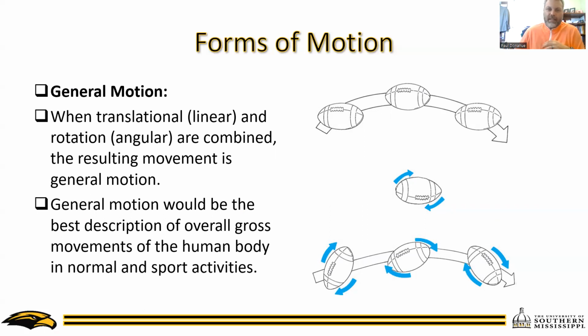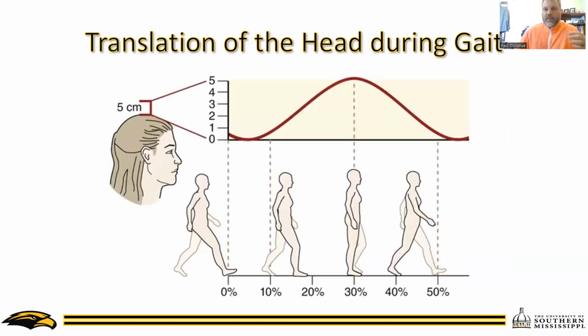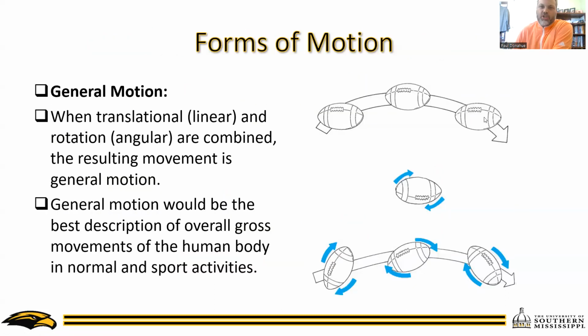If we go back to the example of walking, this becomes general motion. We're having an angular motion of the joints, and our center of mass, or our belly button, is translating or having a linear motion. So we would end up having general motion.